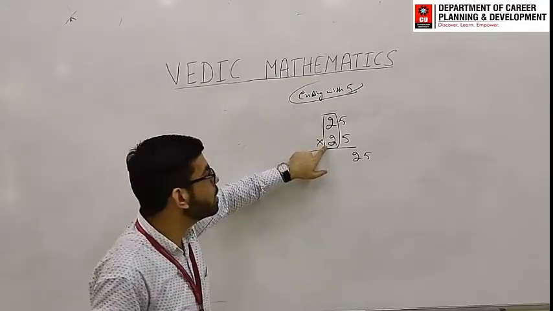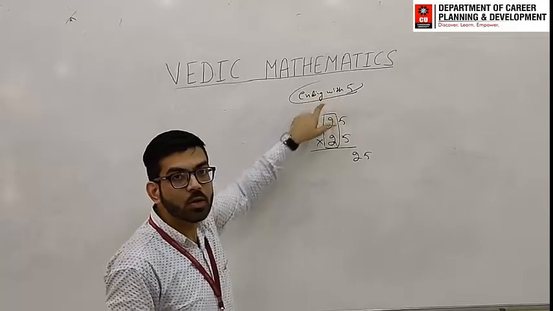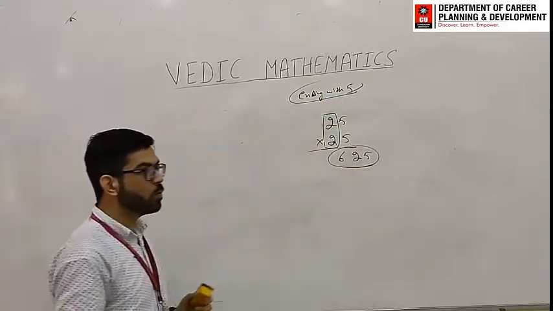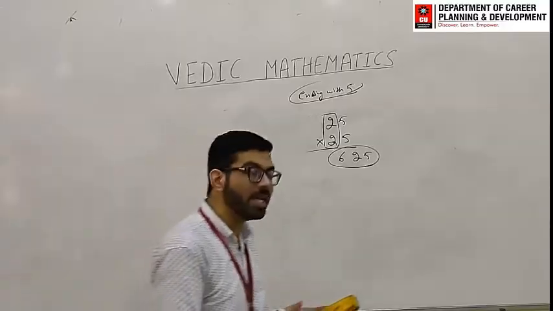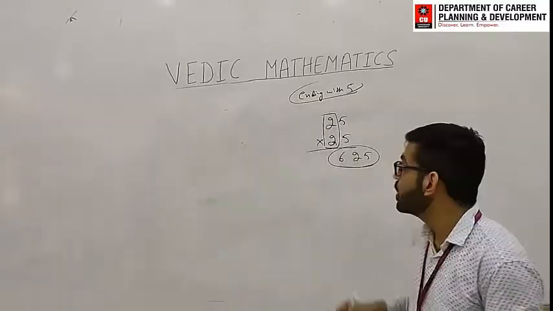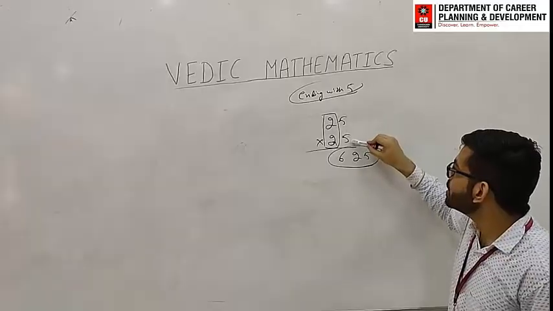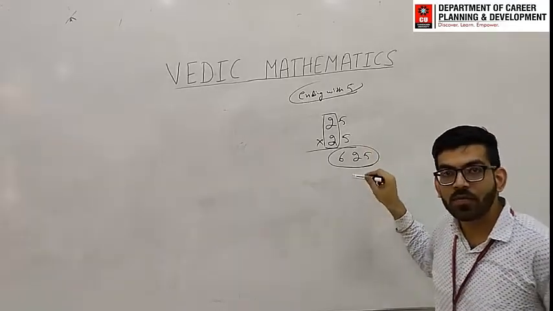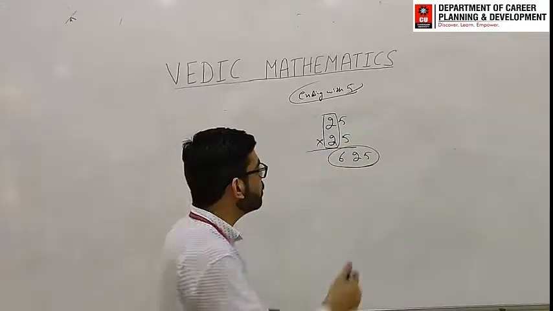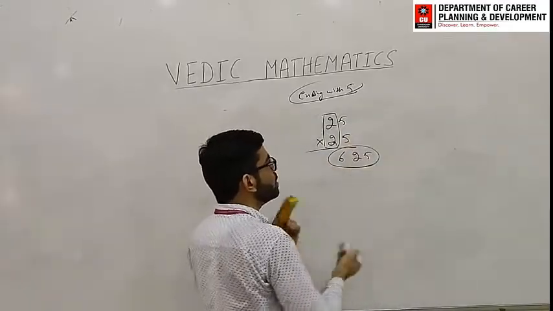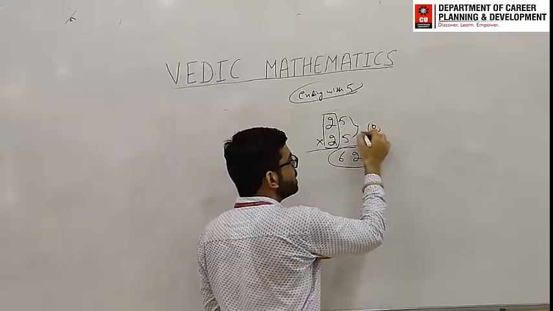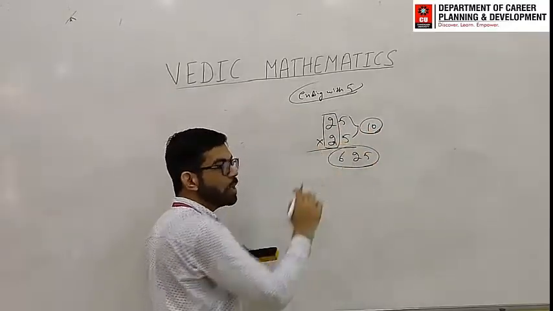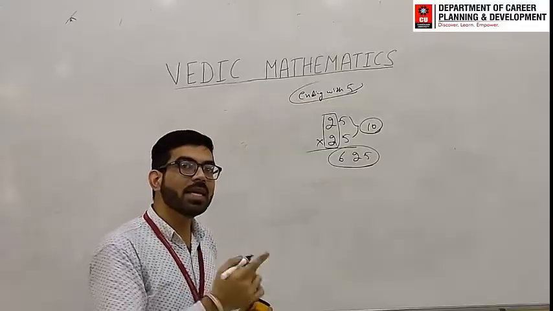So 2 times the next number 3, 2 multiplied by 3, 6. So this is a trick for another type of questions. Whenever you see a multiplication of 2-digit numbers where the sum of their unit digits is 10, that is 5 plus 5 is 10, and the tens place digit, that is 2 and 2, is the same, the same trick is applicable there.